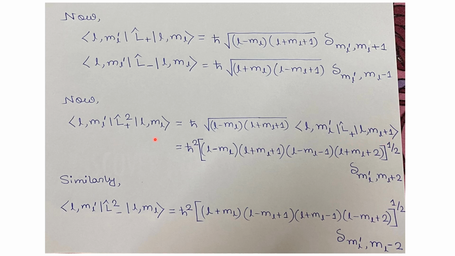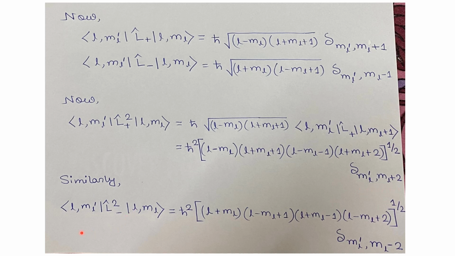This state is already raised by 1 because of the L plus operation one time. So after this operation we will get h cut square times [(L minus ml) times (L plus ml plus 1) times (L minus ml minus 1) times (L plus ml plus 2)] to the power half, multiplied with the delta function, delta of ml dash, ml plus 2. So it will be non-zero when ml dash equals ml plus 2.